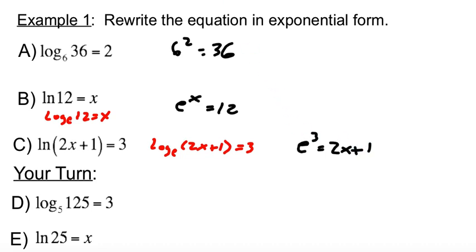Then down here, the equivalent exponential, 5 to the third equals 125. And then the next one, log base e of 25 equals x. What does that mean? It means e to the x equals 25.